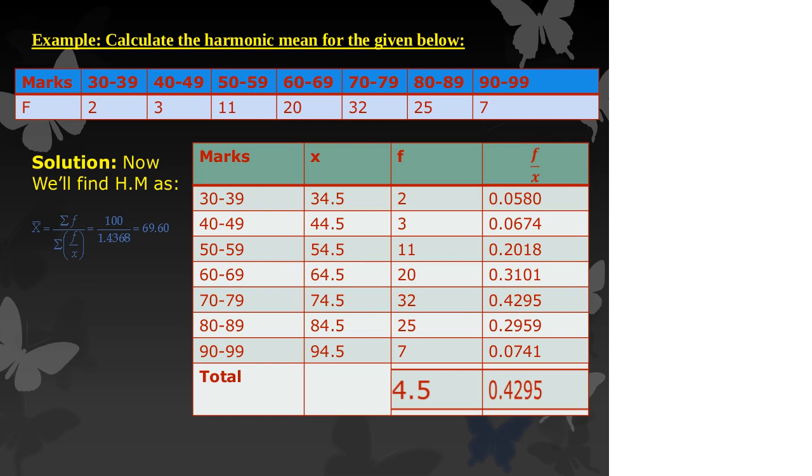Anybody with a question? If there is no question, okay, Kinyo. Our median class is normally given by n/2. We divide the total observation by 2 to realize a certain value. After you have realized that value, you go to the cumulative frequency side and figure out where that value can be.